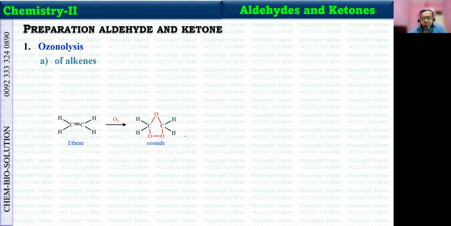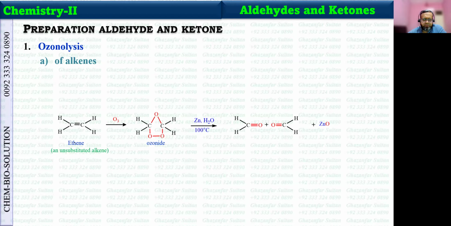Later on, when this ozonide is treated with zinc in water at 100 degrees Celsius, it is converted into two carbonyl compounds. Which type of carbonyl compound is produced depends on the carbon atoms on either side of the double bond in the alkene. And along with this, zinc oxide is obtained as a side product.